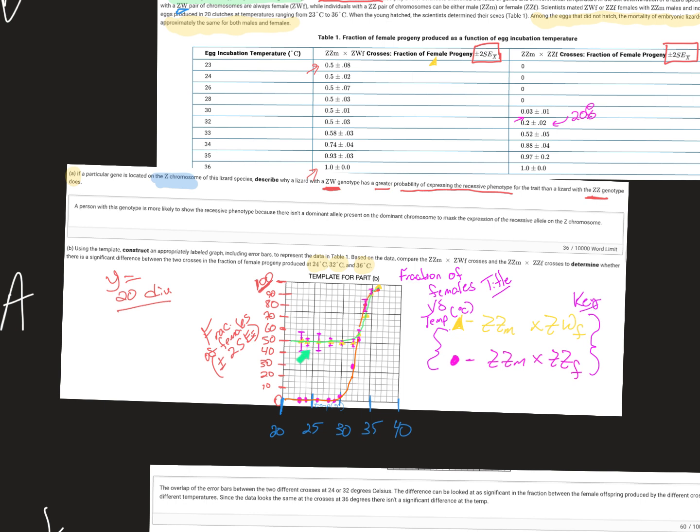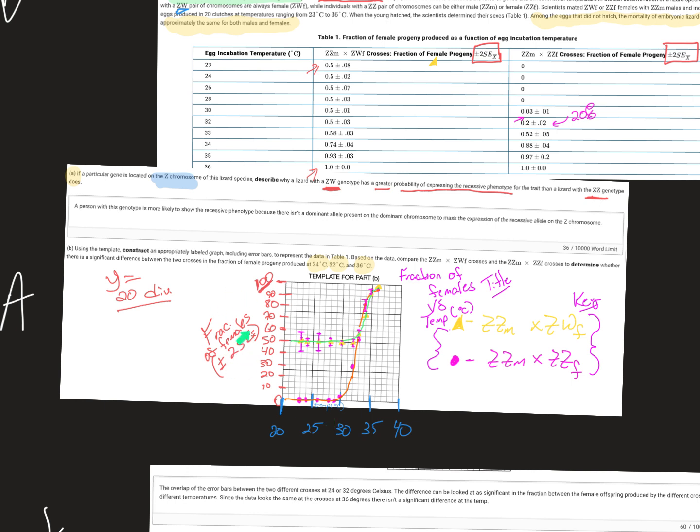You need to have your data, your X and Y scaled appropriately. Notice I have my temperature degrees Celsius here, so that the X and Y are labeled. You need to make sure that your X is the independent variable, the variable that is not dependent on the other.